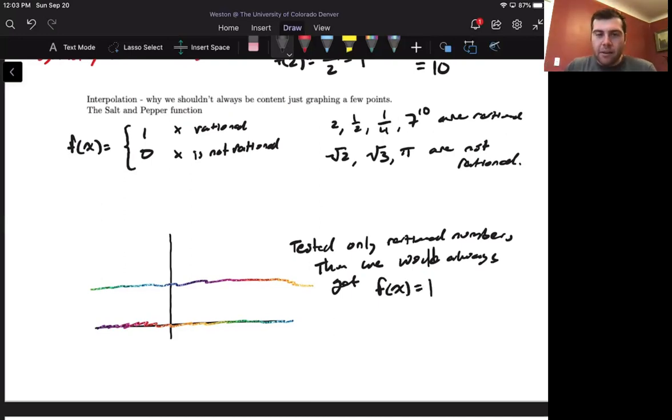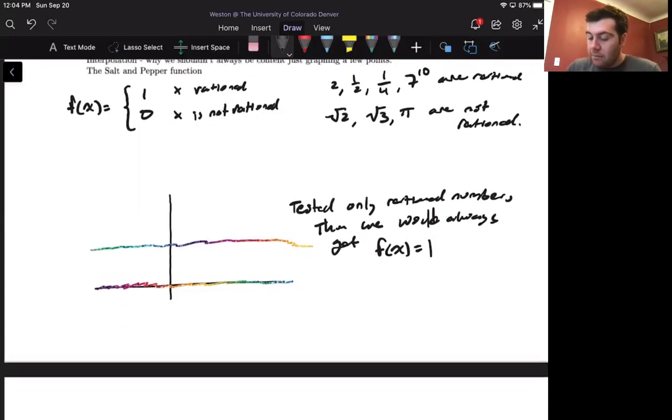And if we didn't test any irrational numbers, then we'd never have a place where the function is 0. So we'd miss out on the whole bottom line. So that's an extreme case, but usually this method of interpolation, that's where we test points on the function and just try to connect it in a logical manner, does work pretty well.